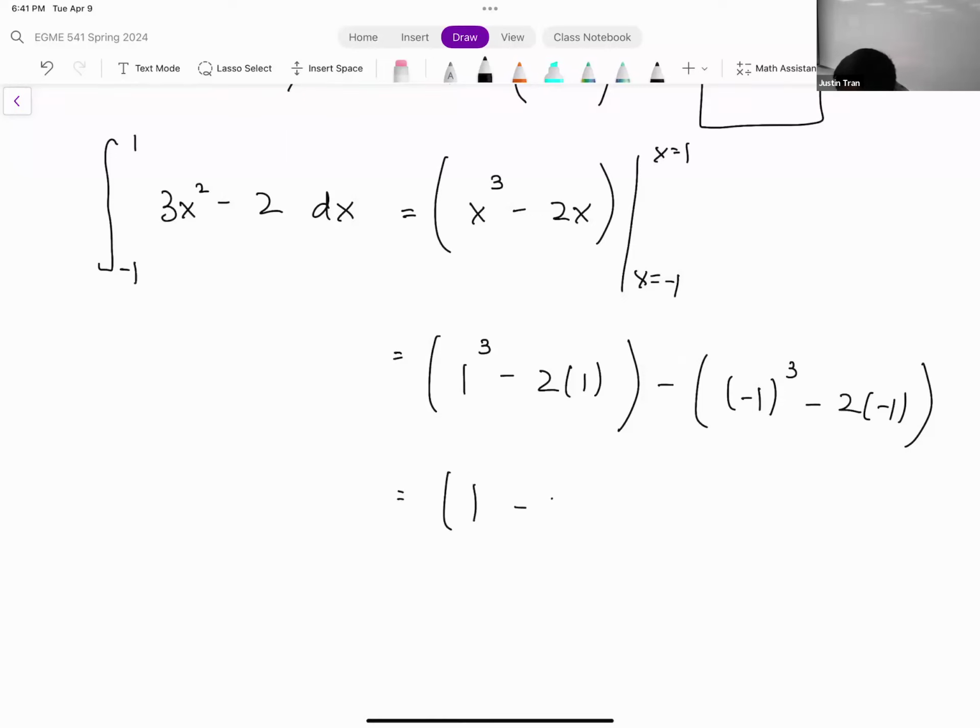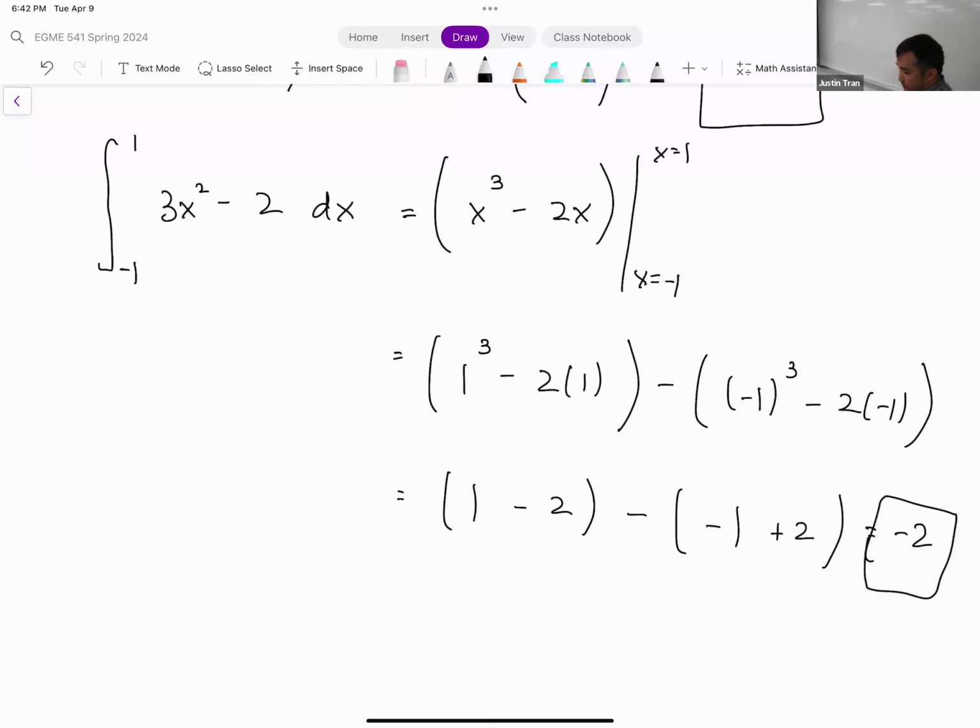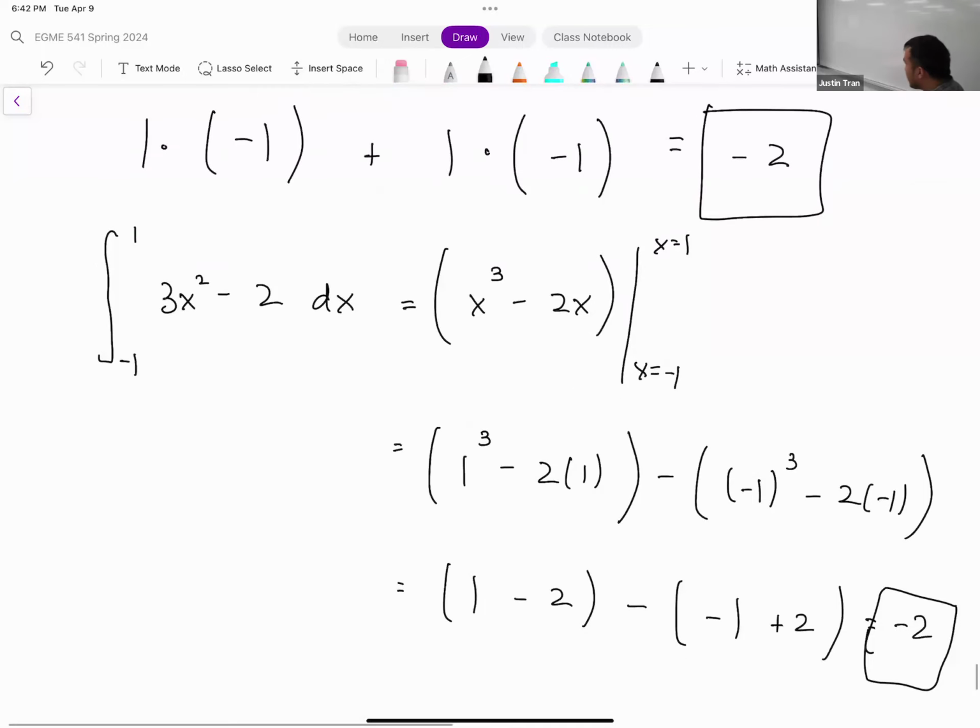So we have a 1 minus 2 minus a minus 1 plus 2. So of course here we have a minus 1 minus a 1. And so this is equal to minus 2. Right? So by using a completely different method than what we usually do for integration, we were able to get the same exact thing.